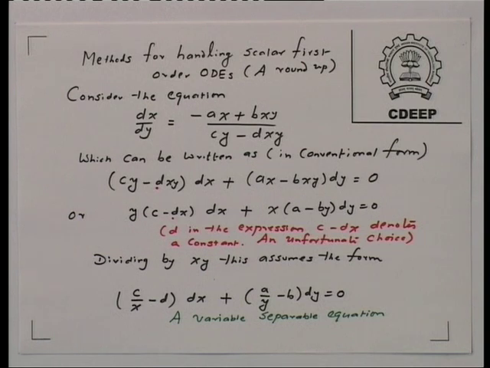This is an example of what is called a variable separable equation, because the variables have been separated. There are two pieces. One piece involves only x and the other piece involves only y. And what is the next thing to do? To integrate. Shall we do that?